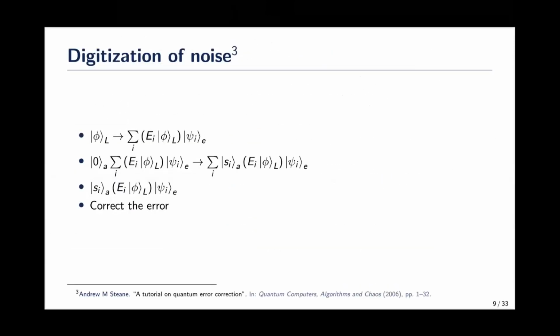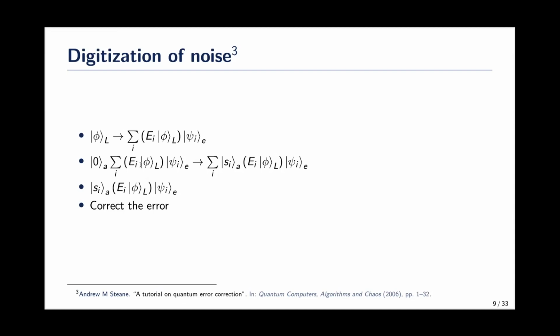Someone might think quantum error correcting codes can only correct Pauli errors, but that is not so. Let's say an arbitrary error occurred on a logical qubit, and we can represent the error like this. E_i is a tensor product of Pauli errors.